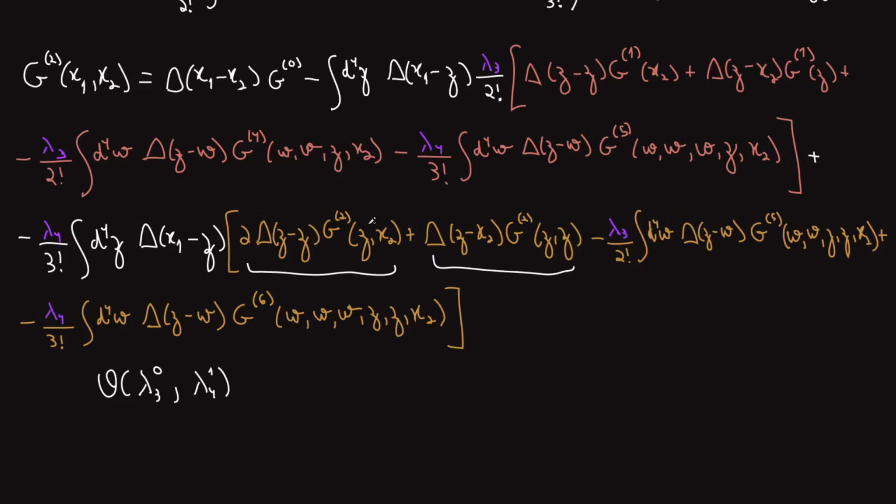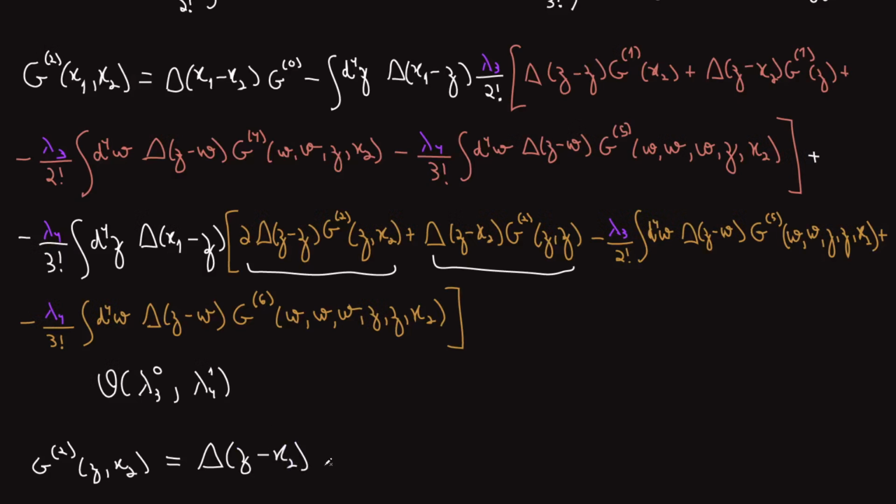And now I also know that this G2 of Z X2, and I can use a similar thing for the second one here, is just delta of Z minus X2.